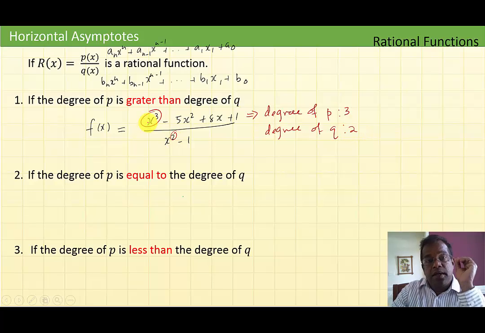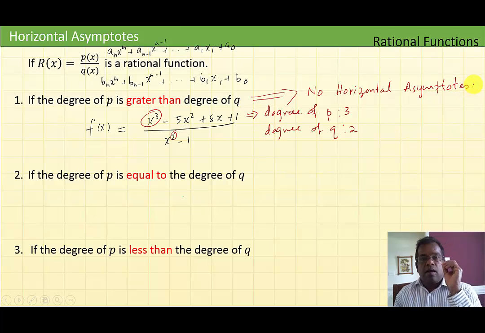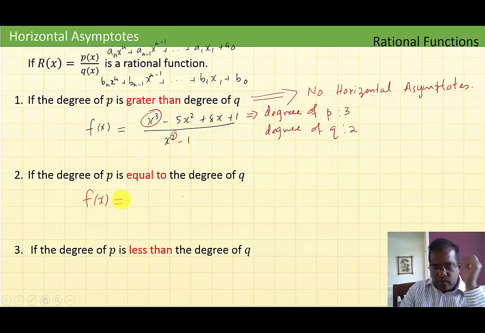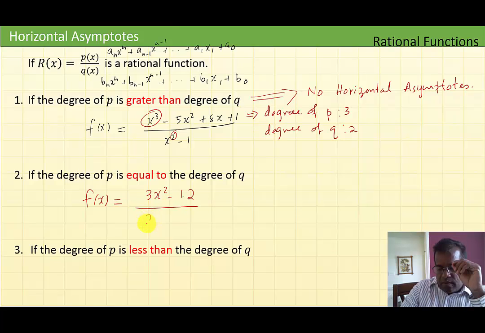So if the degree of p is greater than the degree of q, it's not a proper rational function. So this will have no horizontal asymptotes. Now if the degree of p is equal to the degree of q, an example, 3x squared minus 12 over x squared plus 2x minus 3.